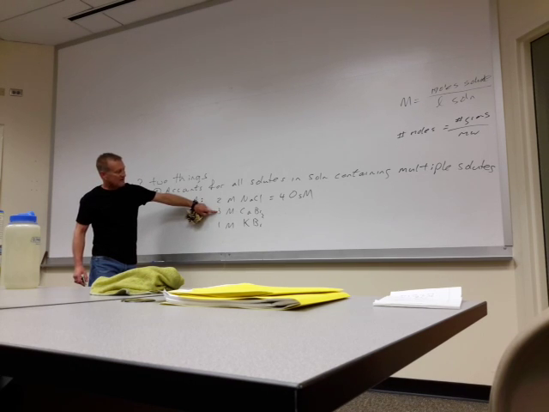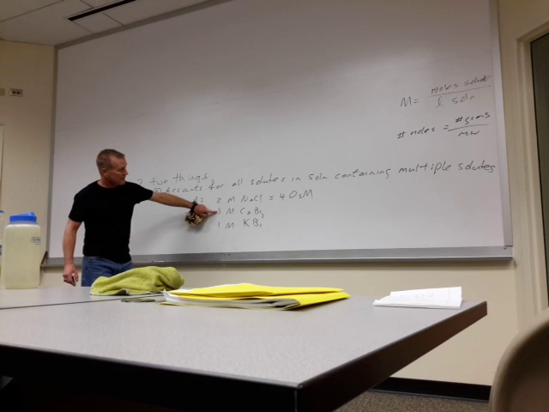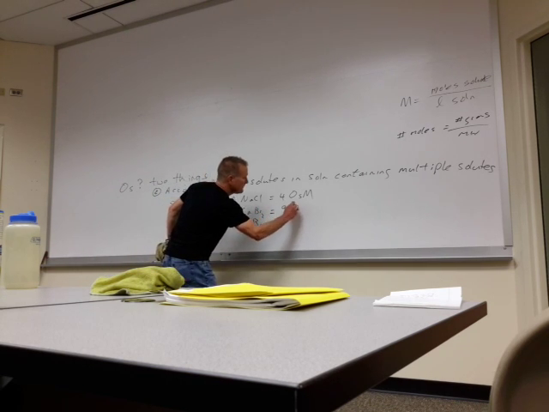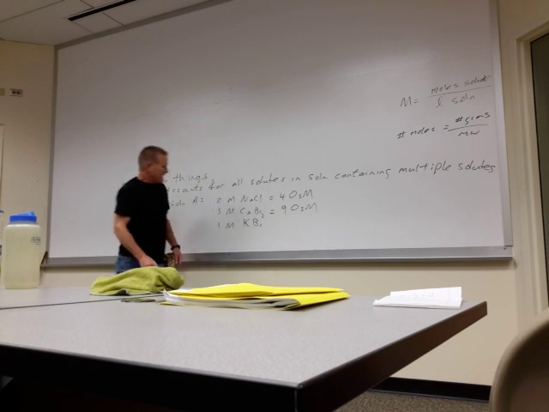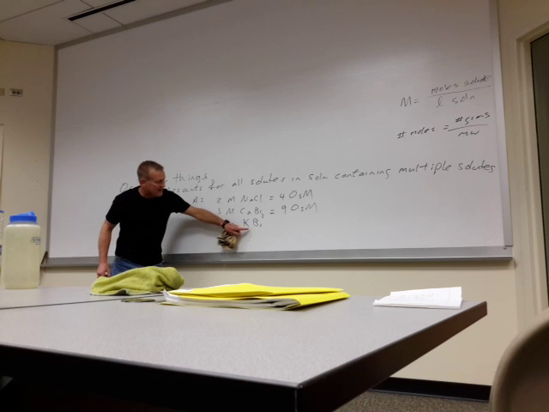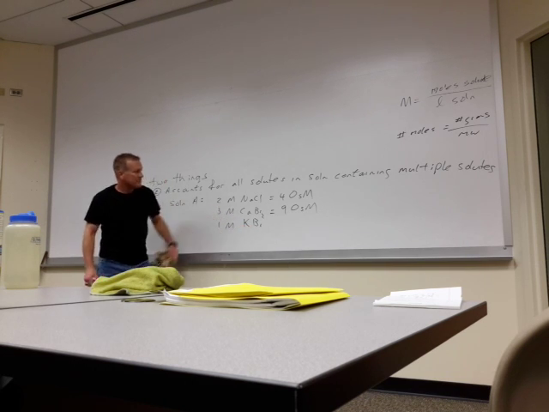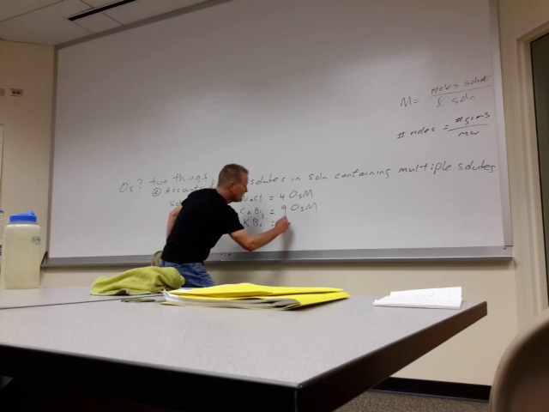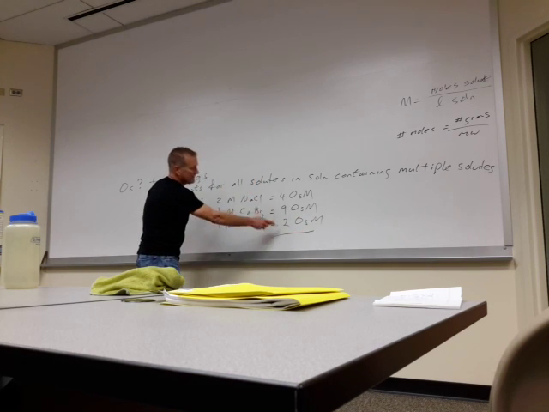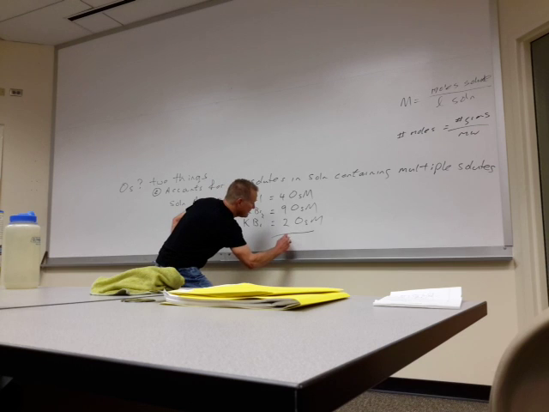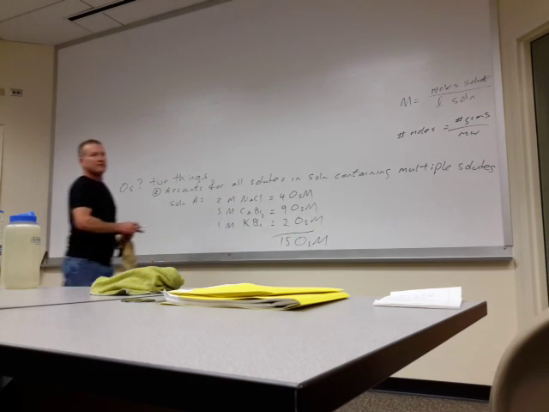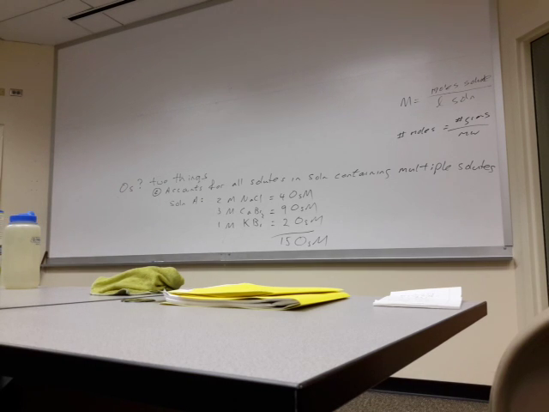So what's the osmolarity? 9. 3 molar times 3 ions. 1 molar potassium bromide, how many ions do you see there? So that's 2 osmolar. So 9 plus 2 is 11, plus 4, so 15 osmoles is the concentration of the solution.